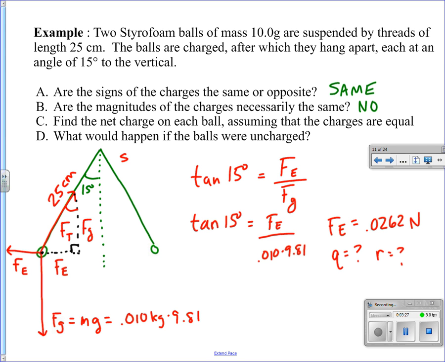I know that the sine of 15 is going to equal this distance over 25. So that distance is going to be 0.065, which means the entire distance between the two objects is going to be equal to 0.13.